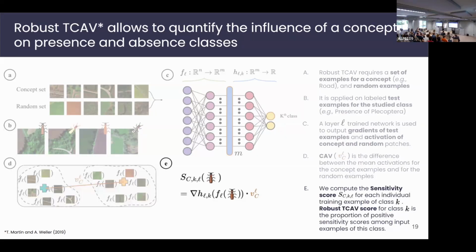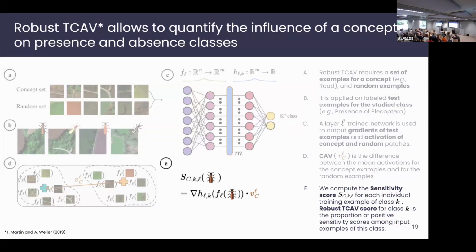This direction will help us compute the sensitivity score. For each patch, we will compute the dot product between the gradient and this direction. This means how does the prediction evolve when we're going toward the direction of this concept.